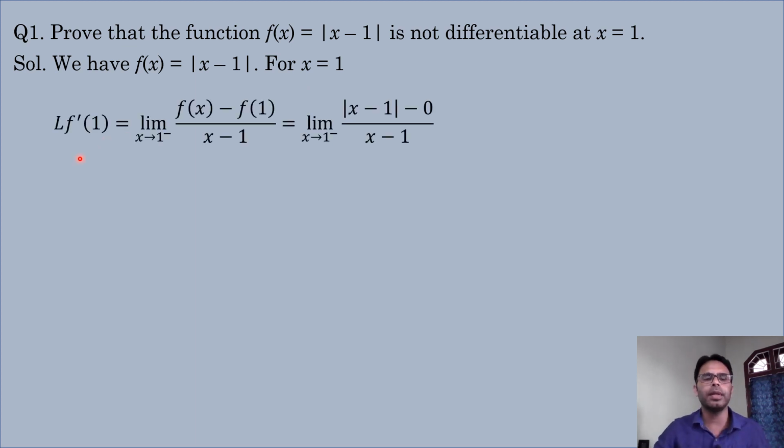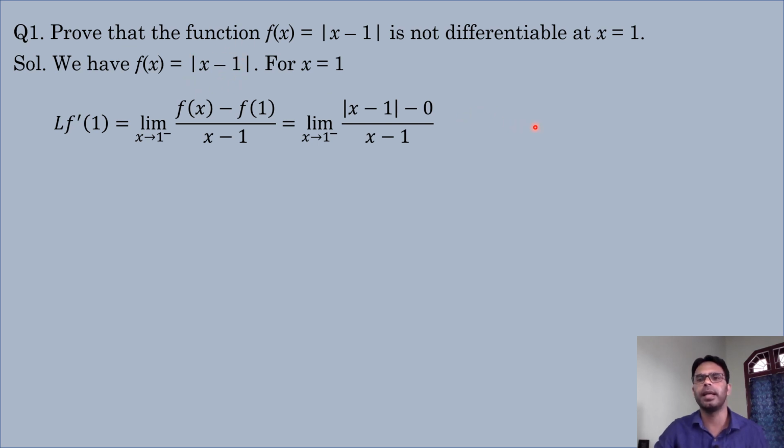L(f)(1) is the limit x tends to 1 minus, the left hand limit, of f(x) minus f(1) divided by x minus 1. What is f(x)? f(x) is mod of x minus 1. f(1) is 1 minus 1, which is 0.